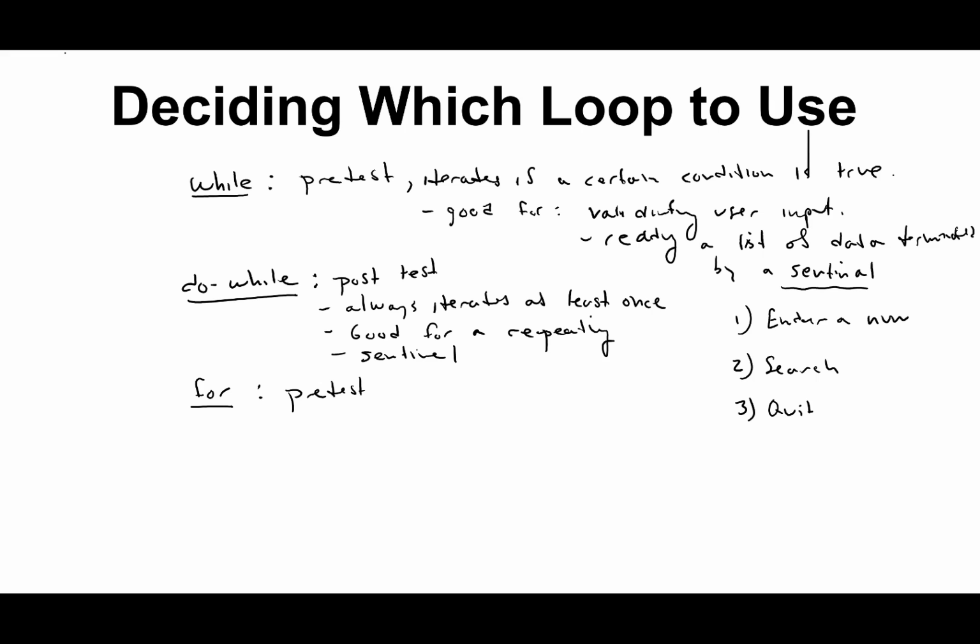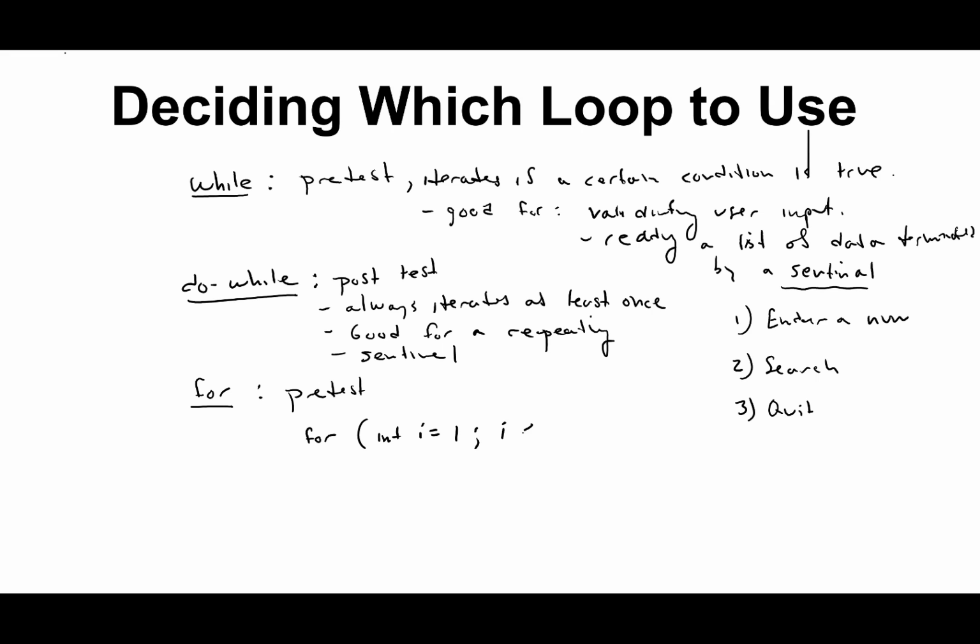And then the for loop is a pre-test loop. Remember, the for loop has built-in expressions for initializing your counter variable, testing your variable, and then updating. So in other words, let's say we have int i equals 1. This is our initialization.